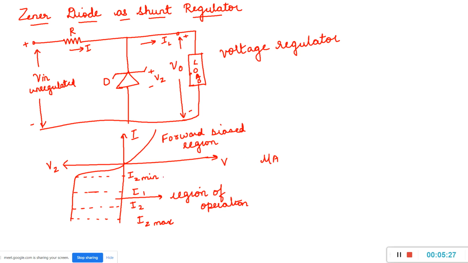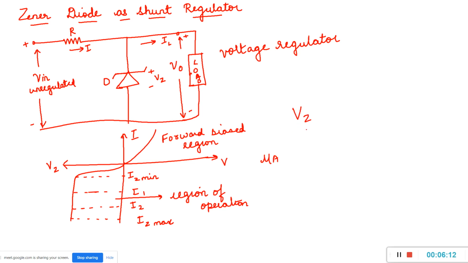Now, when sufficient reverse bias voltage is applied, an electrical breakdown of the Zener diode occurs and a large current flows. Such a large current creates a breakdown at a particular voltage, and that voltage is called the Zener voltage, that is Vz.